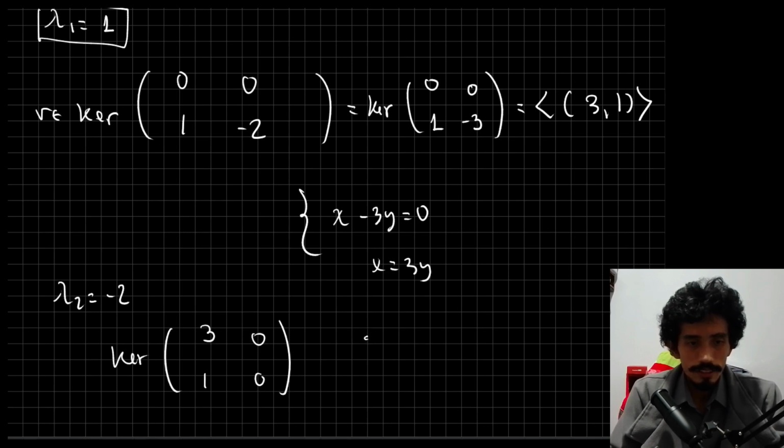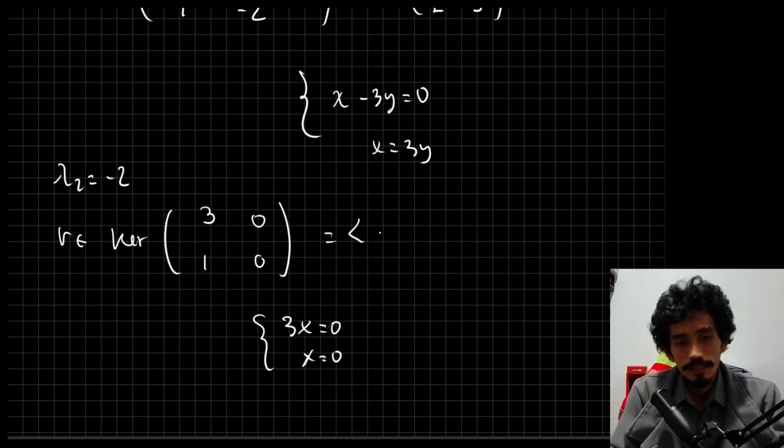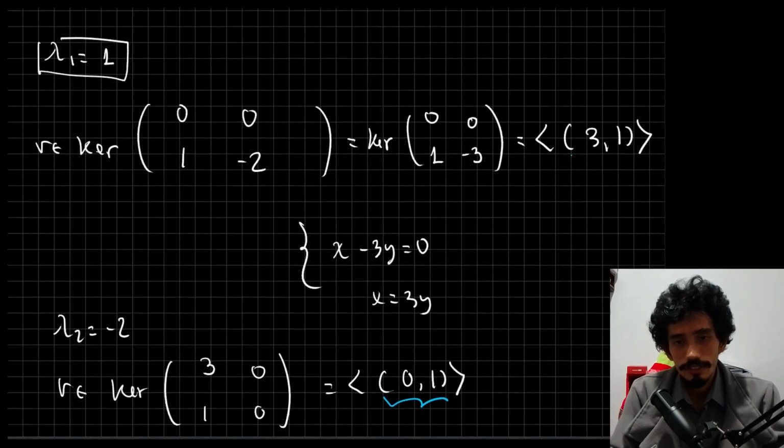So any vector here holds that 3 times x is 0 and x is 0. So this is generated by 0, 1. So this is the second vector, and this is the first.